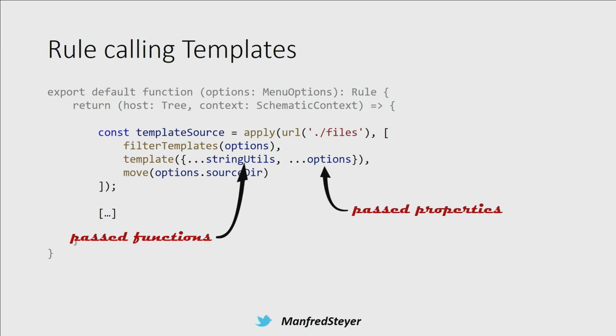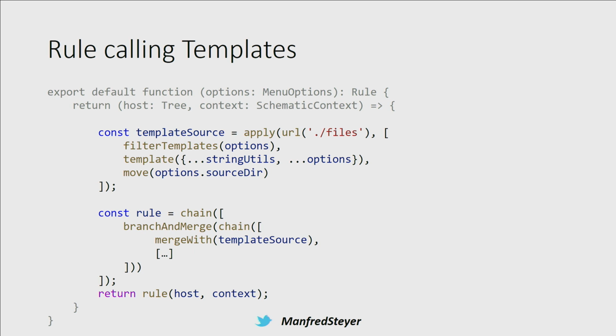Yeah, and when we have this template source, we can construct a new rule. Before I've written my own rule, but normally you are just creating a rule by chaining existing rules. And that is what happens here. For instance, here I'm just taking the chain rule, which is chaining other rules. And so I'm chaining the branch and merge rule, as well as the merge with rule.